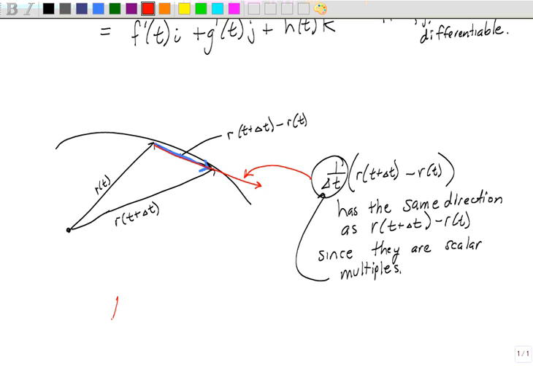Now, as delta t goes to 0, this vector gets closer to r of t. And what we get, let's try purple, is this purple vector right here, which is r prime of t.